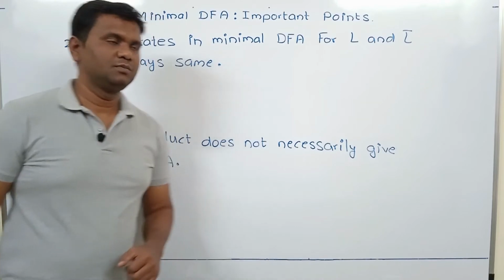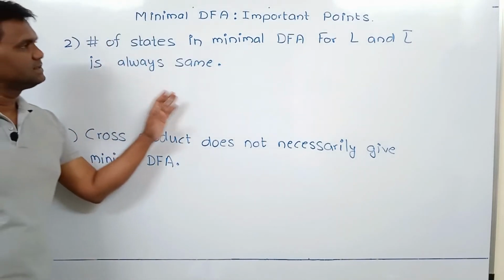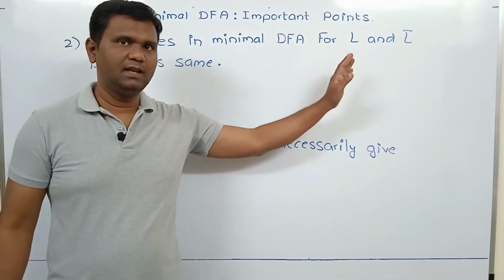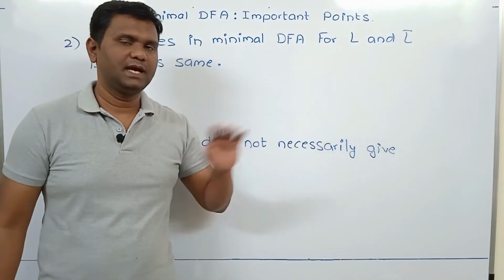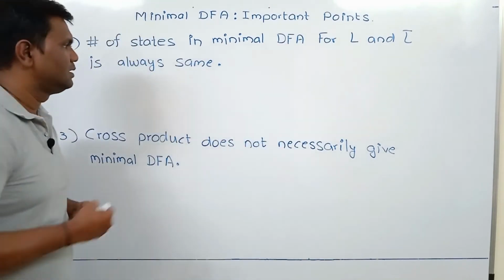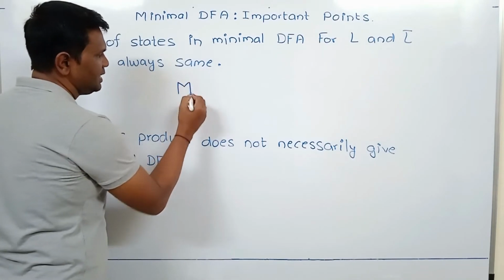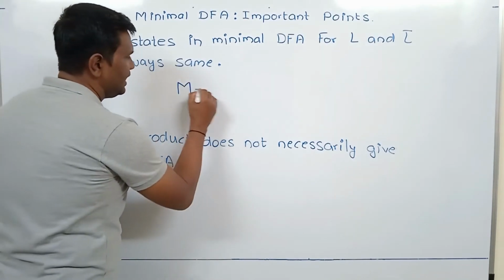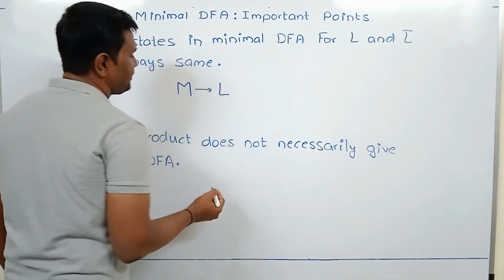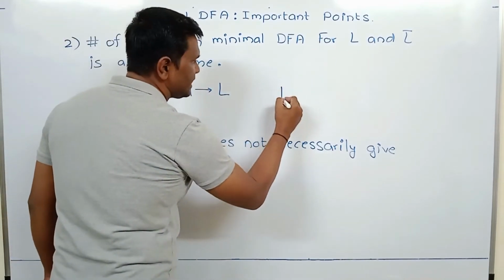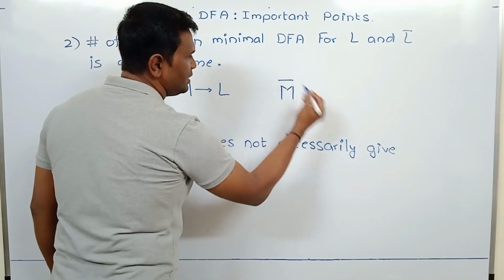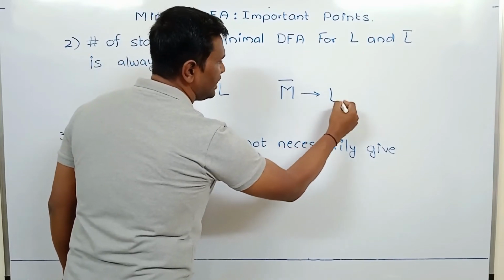Now the second important point is that the number of states in the minimal DFA for L and L complement is always the same. Let's say DFA M is the minimal DFA that recognizes language L. In this case, M complement will be the minimal DFA for L complement.